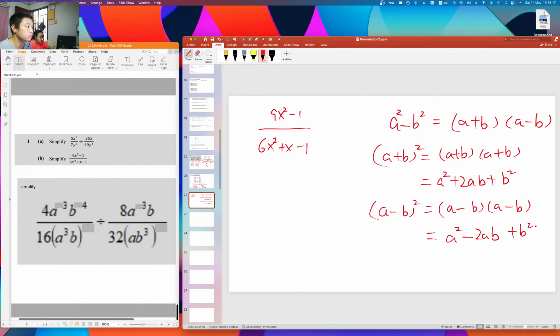And I give you these 3, and you better write it down correctly. By the way, I'm talking about these 3, not this one. This one is the answer.